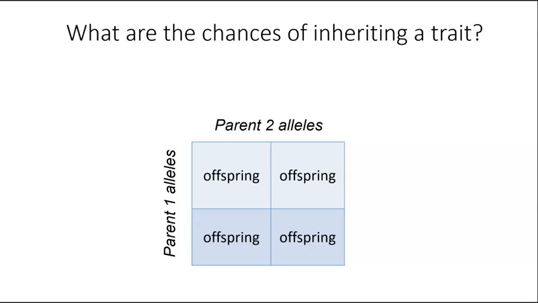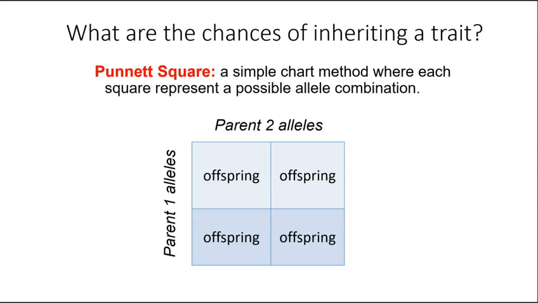We have a pair of alleles coming from parent 1, and a pair of alleles coming from parent 2. From there, we can predict the percentage, or the chances, of having an offspring with specific combinations of alleles. This is what's known as the Punnett square.